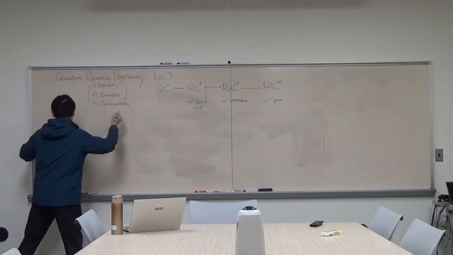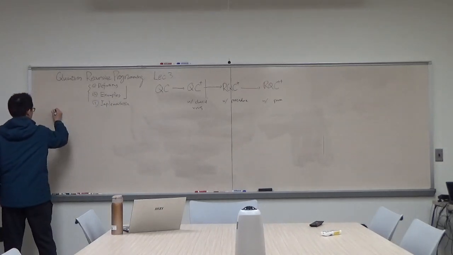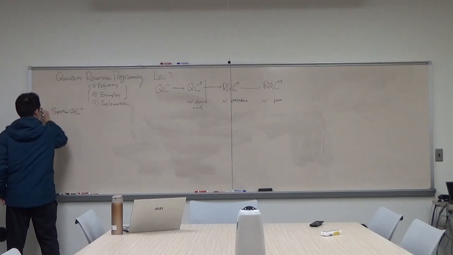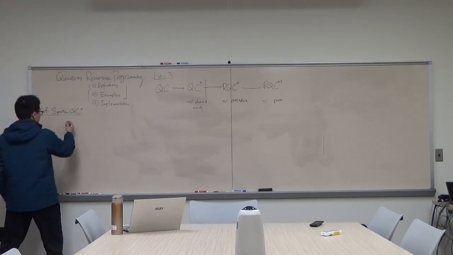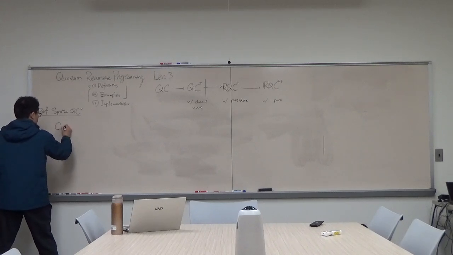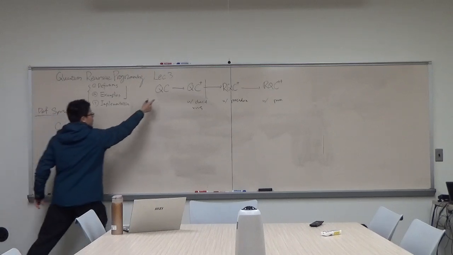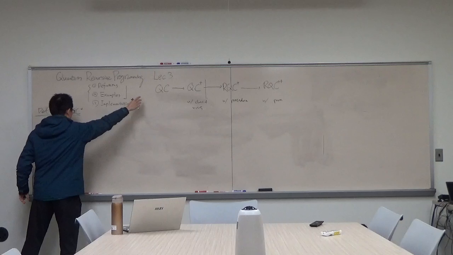Okay, so let's recall the syntax of the QC class. We write it in the BNF form. Each statement can be written as, first, the QC, the statement from the quantum circuit.